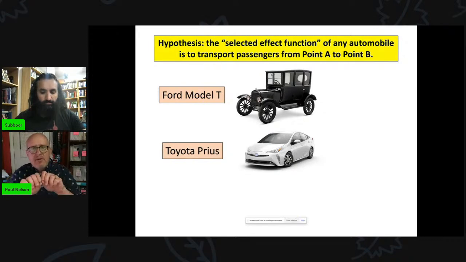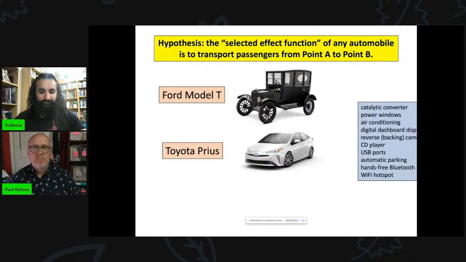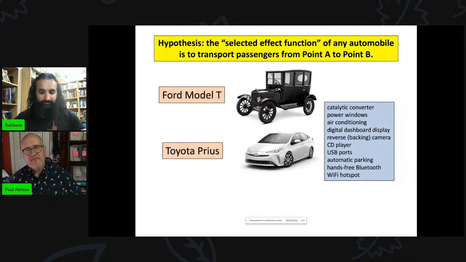At this point, these vehicles are equivalent with respect to, let's call it the selected effect function, going from A to B as a transport vehicle. But what's present in the Prius? Let's say a 2023 Prius. Well, things like a catalytic converter, power windows, air conditioning, CD player, USB ports, and on and on. There are all kinds of functions present in the Prius that have no equivalent in the Model T.